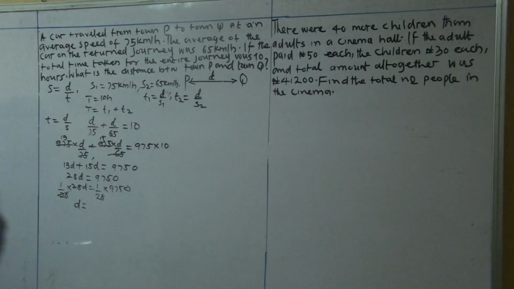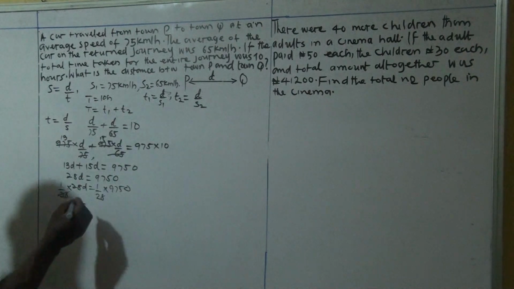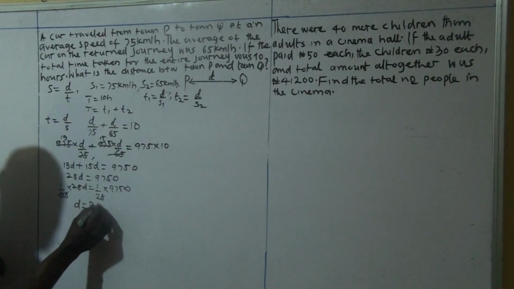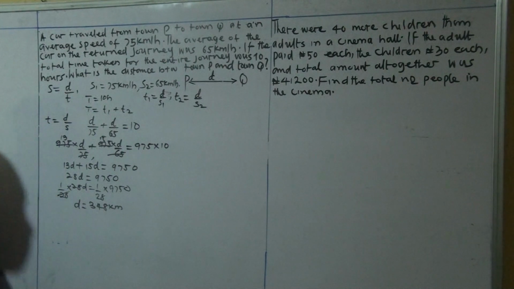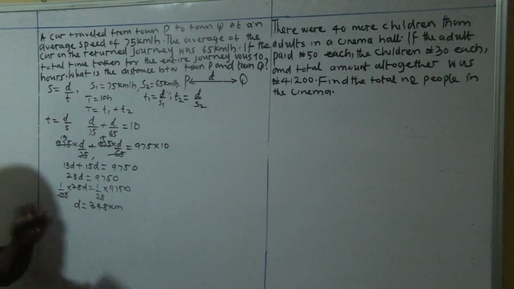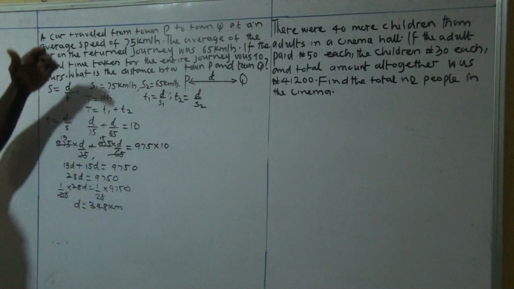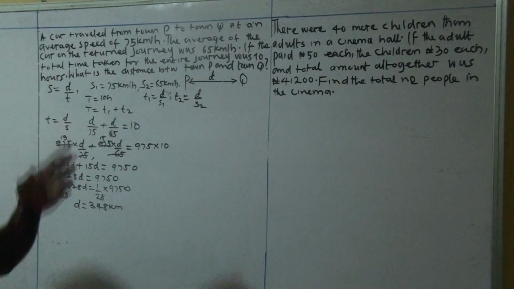If we divide 9750 by 28, that will give us 348 kilometers, approximately to the nearest whole number. So with this, we'll be able to establish that. Now let's look at the other question.